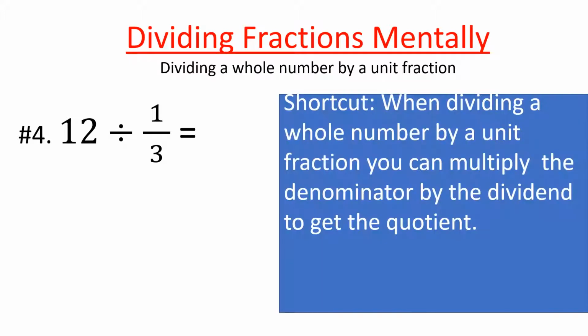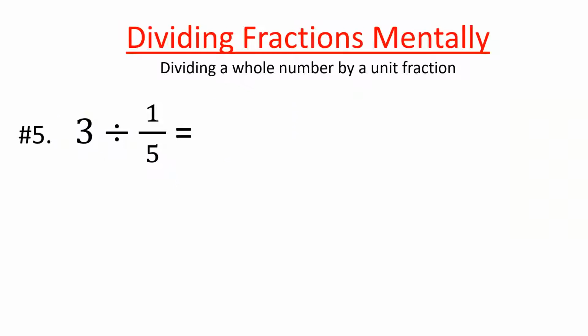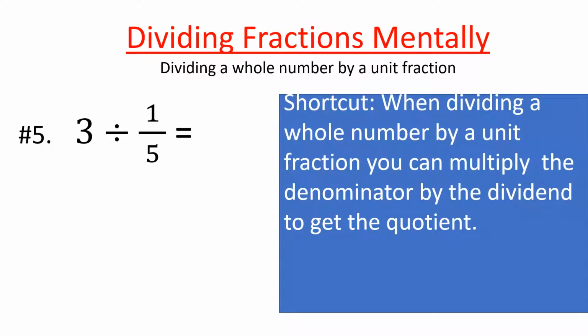Problem number 4, using the shortcut. 12 times 3 equals 36. So 12 divided by 1/3 equals 36. Problem number 5. 3 divided by 1/5.